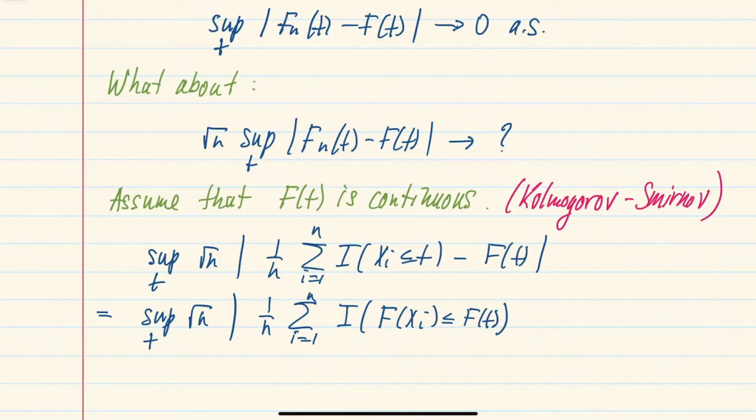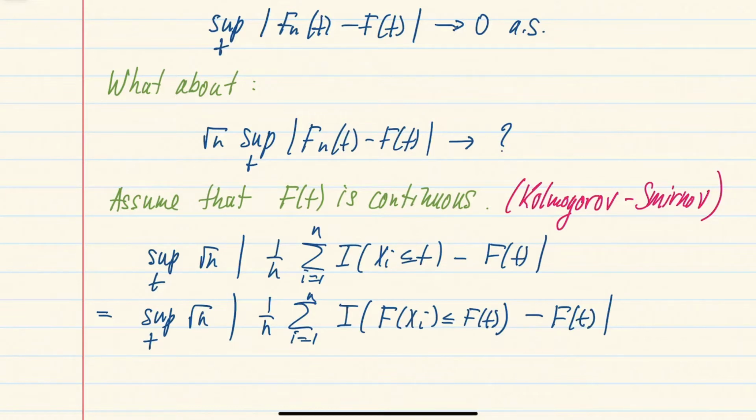Now, if the function F is strictly increasing, this is fine, but sometimes a continuous CDF can have flat parts, so this is not quite correct. But when you have a flat part, that means the probability of that interval is 0. So you can also see right away that this is still correct with probability 1.